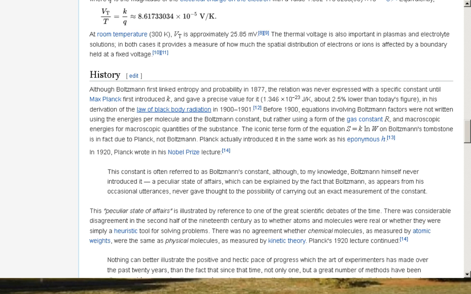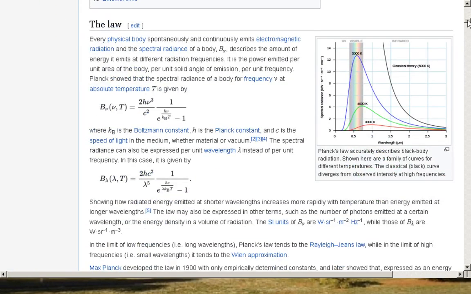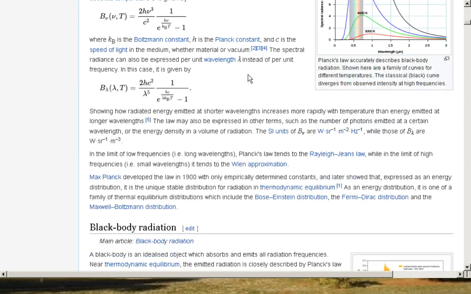Okay, so Max Planck devises the law of black body radiation, which is this, but it breaks down, it looks like in this infrared area or something.